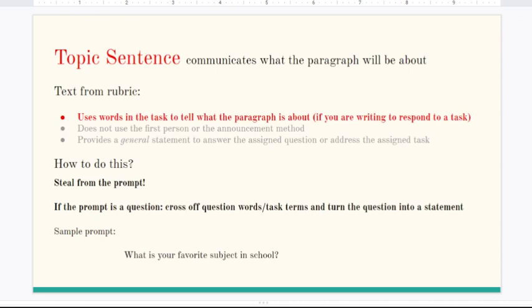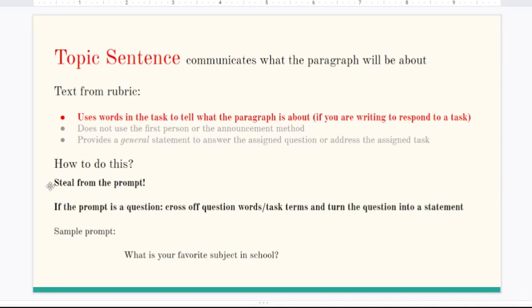I've got this definition or description: a topic sentence communicates what the paragraph will be about. I've got the text from the rubric. The first bullet, the one that we're focusing on right now, is in red. And then it says, how do I do this? How do I use words in the task to tell what the paragraph is about? Well, here's what you do.